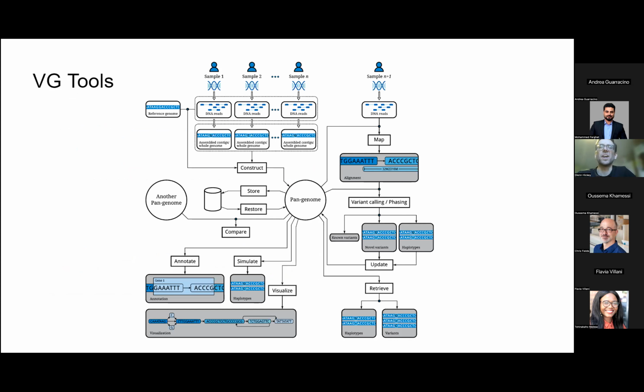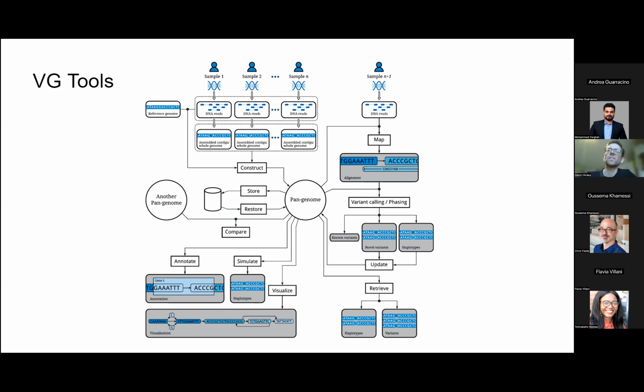So this is a diagram that comes up showing the VG toolkit. I won't go into too much detail, save for the fact that the idea is that you have a bunch of variant calls, usually from short read data for different samples, combine those into a pangenome graph, and then you're able to use that pangenome graph to map this n plus first sample on the top right.